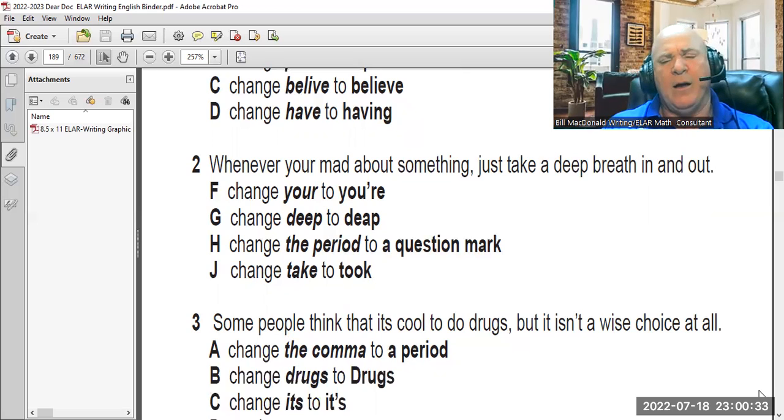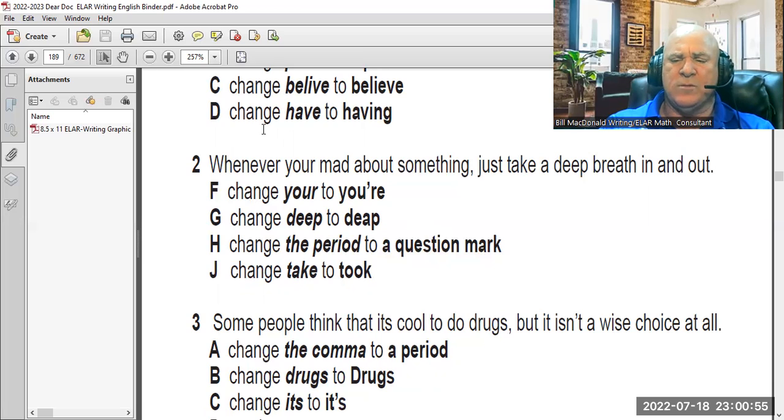So I'm not going to set my timer, but I'm going to watch my clock down below. But you can set the timer and say you have 1 minute or 2 minutes or 3 minutes, whatever you have. Then have your kids go as far as they can, and fix as many mistakes as they can in the 1 minute.